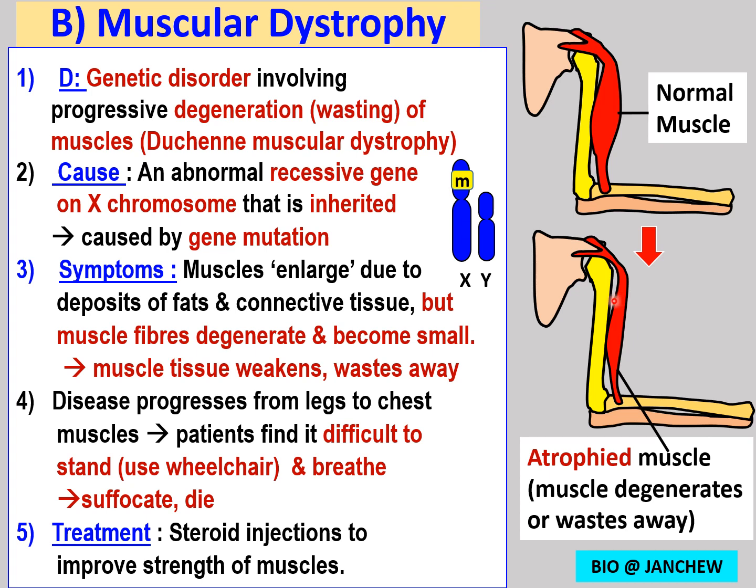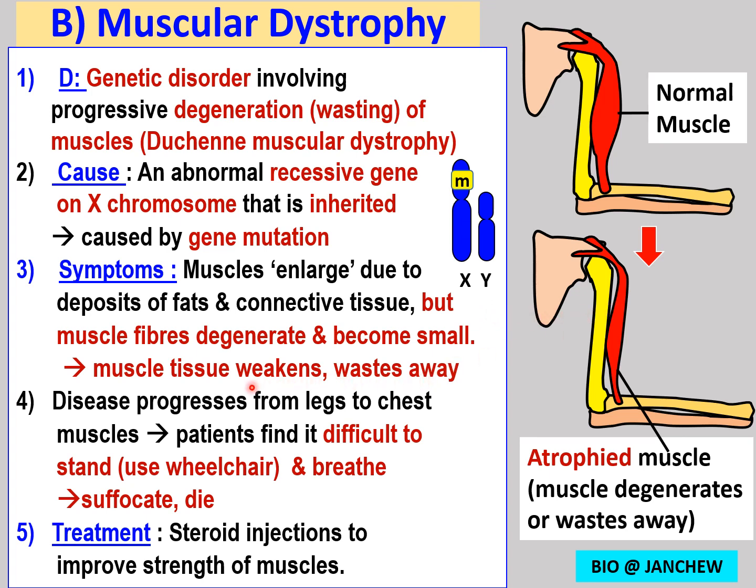That means the muscles enlarge due to deposits of fats and connective tissue, but the muscle fibers degenerate and waste away. It becomes smaller and smaller, and the muscle tissue becomes very weak. Okay, so atrophied muscle means a muscle that has undergone degeneration or wasted away. Just like the word dystrophy. Dystrophy means wasting away of something. So this means that the muscle tissue will become less and less.